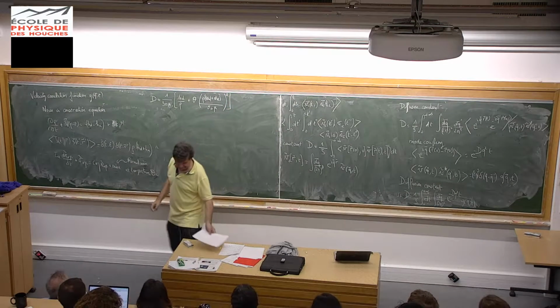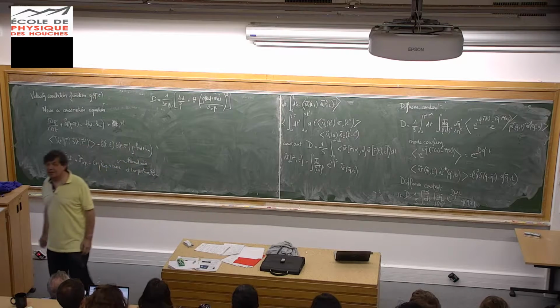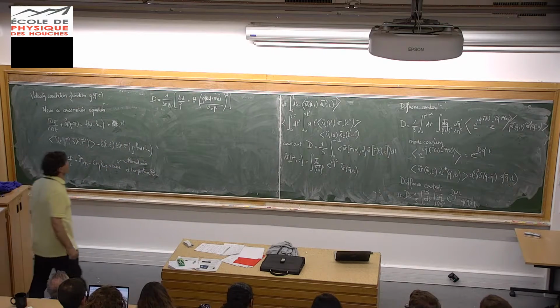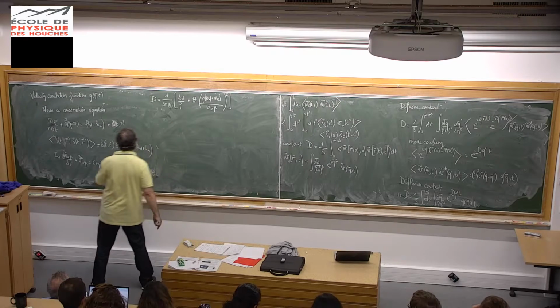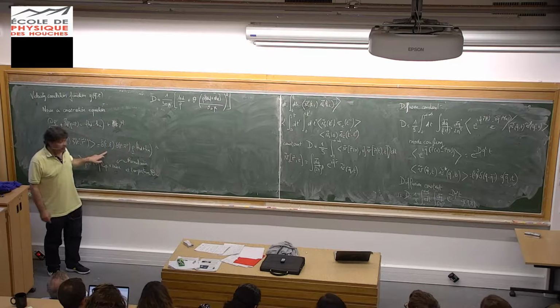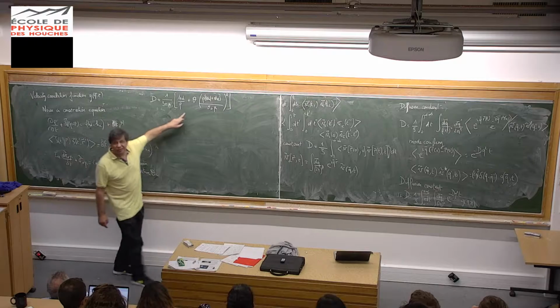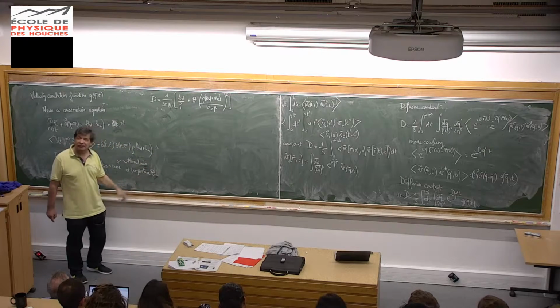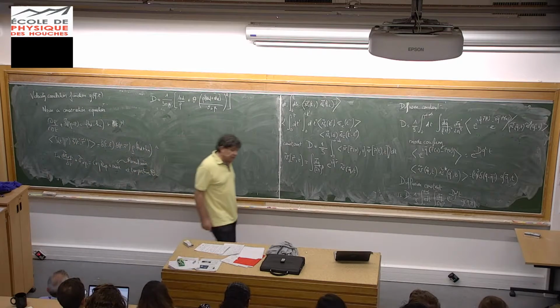And this is it. So there are two terms. Each term corresponds to one type of noise. This term is generated by this noise, which is here, and this term is the thermal noise that I put in the stress. Now, why did I put noise in the stress?